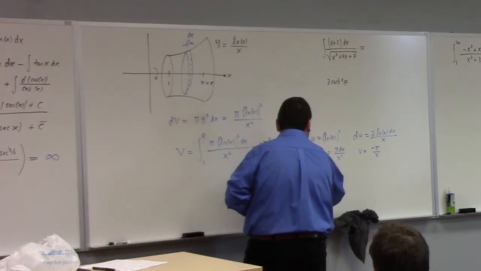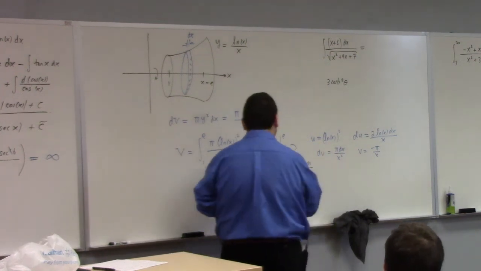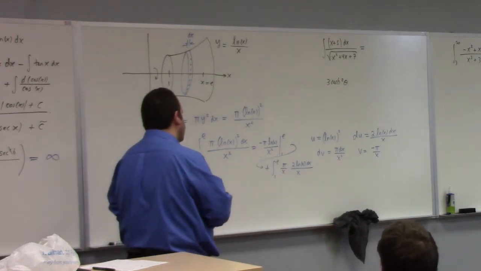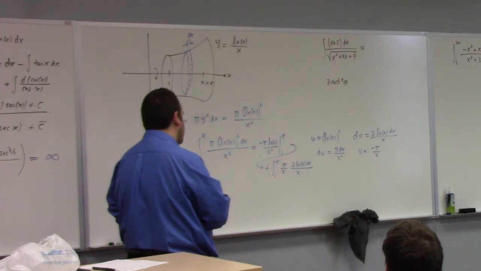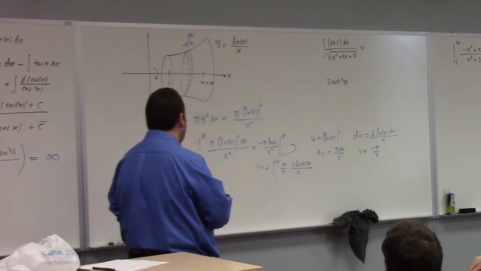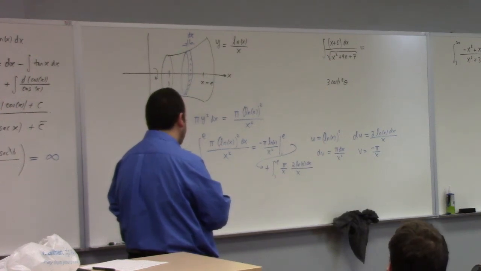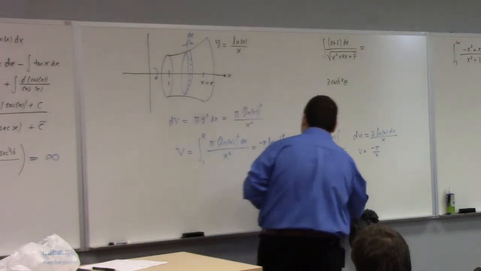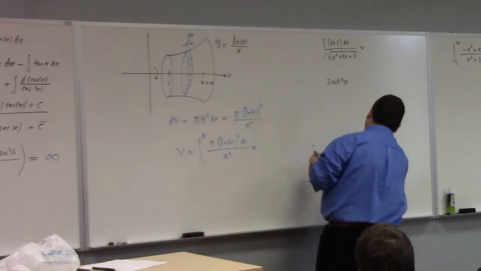Oh, so we had to integrate by parts again. Or no? Is your u v correct? Should be negative pi ln of x quantity squared. Well, somebody here told me to make u equal to log of x squared, so I was listening and following that. And then you use parts again. That's what you do, but you do parts twice, or you sub, I don't remember. I think I ended up with ln of x over x.